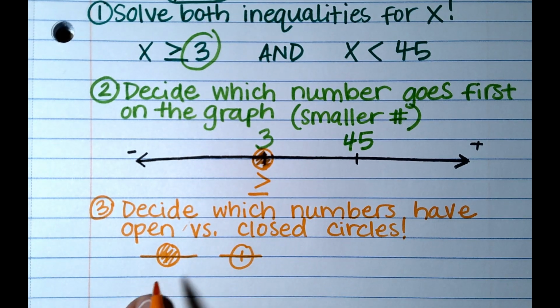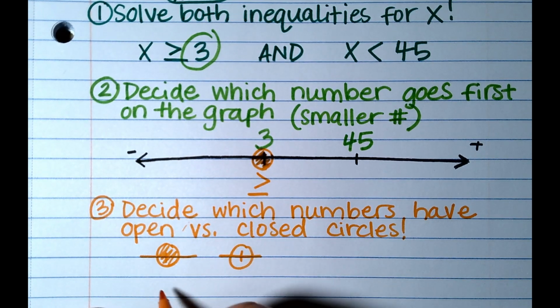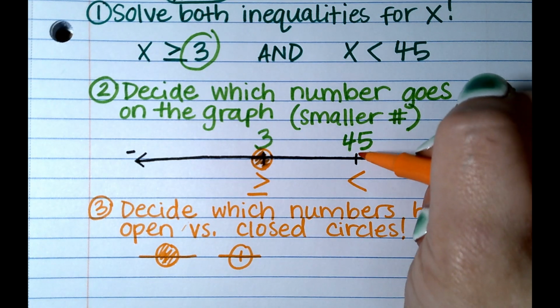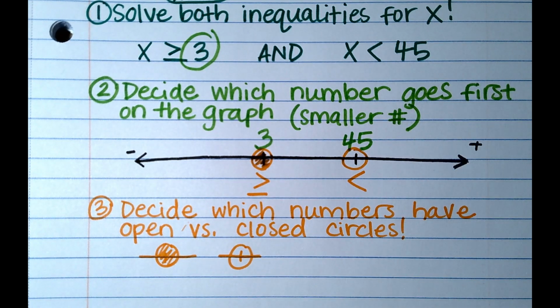So the or equal to's get shaded. Okay, and then how about 45? That's a less than, so is that open or closed? Open. Good.